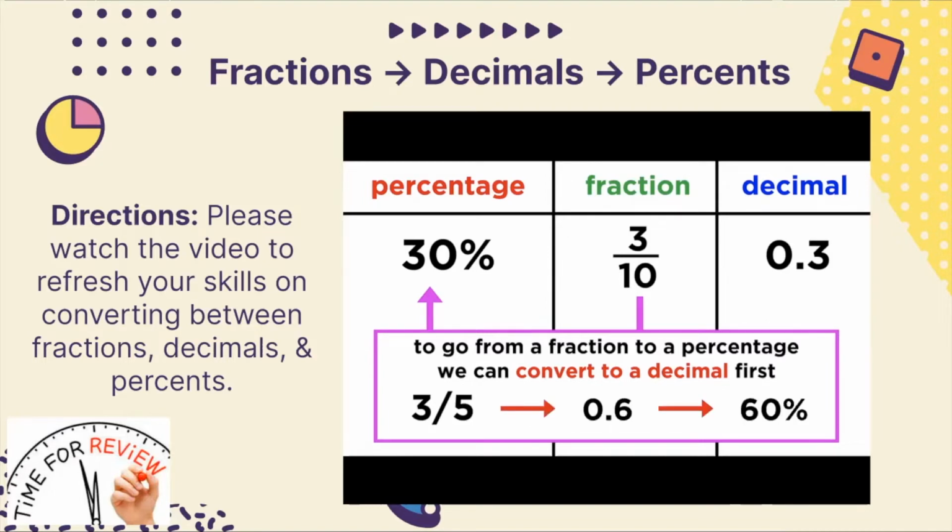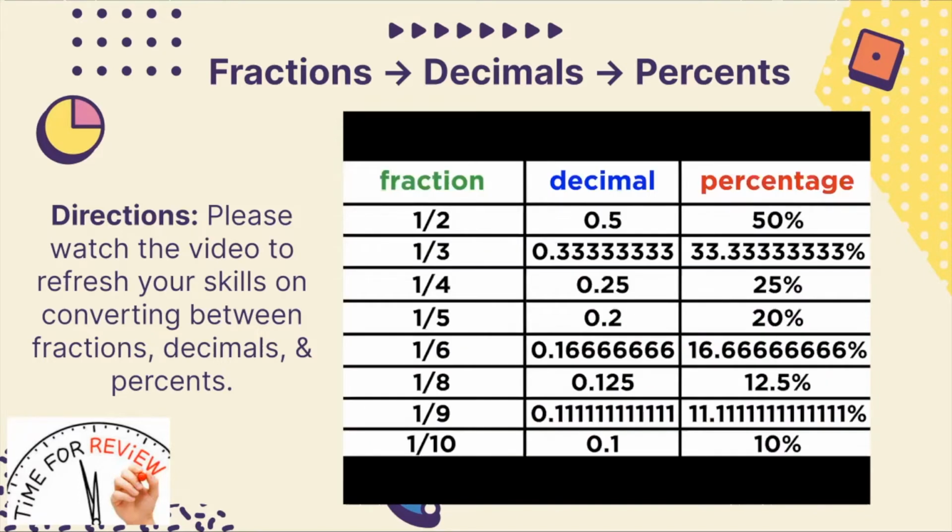From there, we just move the decimal over twice, adding a 0 since we need to, and we get 60%. Here is a table with some common fractions and their corresponding values as decimals and percentages. We should be able to convert between these forms with ease, as these are all just different ways of communicating ideas that are useful in different scenarios.